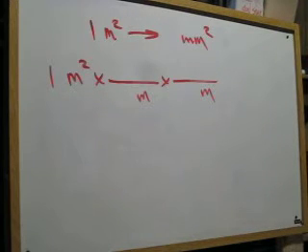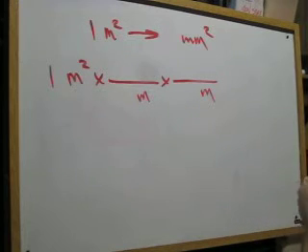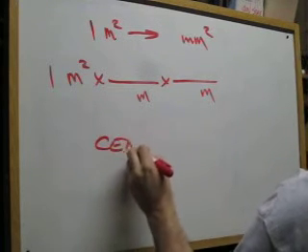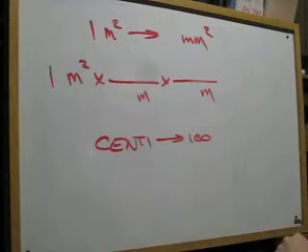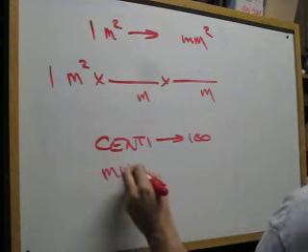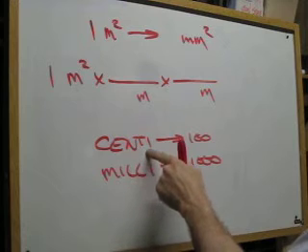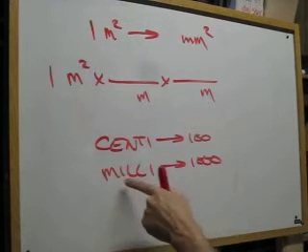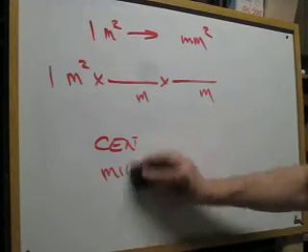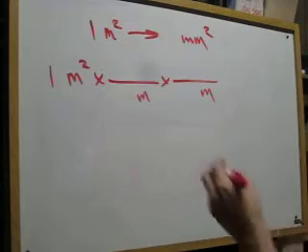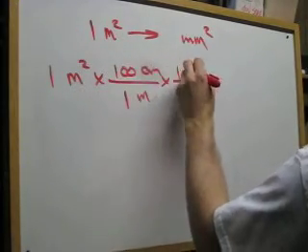Well, we don't necessarily know how many millimeters there are, but we do know that there are 100 centimeters because the word centa means 100, like 100 cents to a dollar. Milla is another word for 1,000. So centipede, 100 legs, millipede, 1,000 feet. So let's just pretend that all we know is centimeters is 100. So we know that in 1 meter we have 100 centimeters.